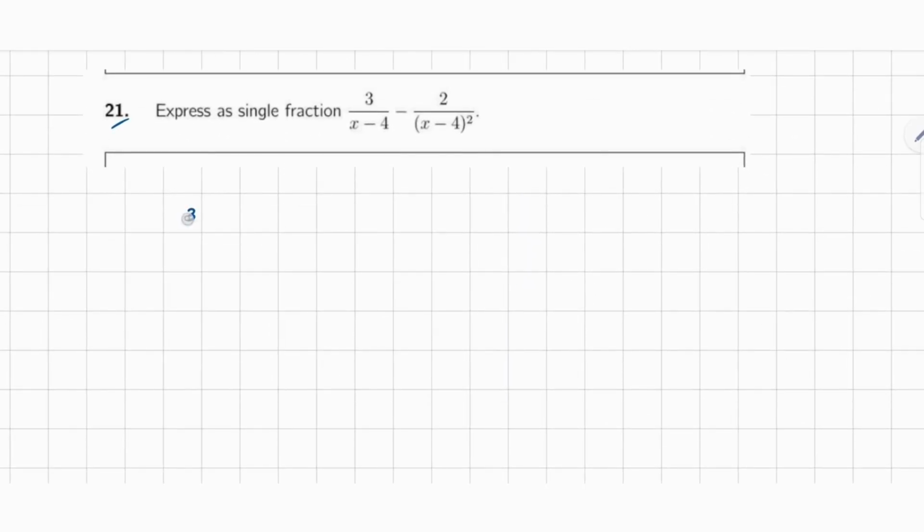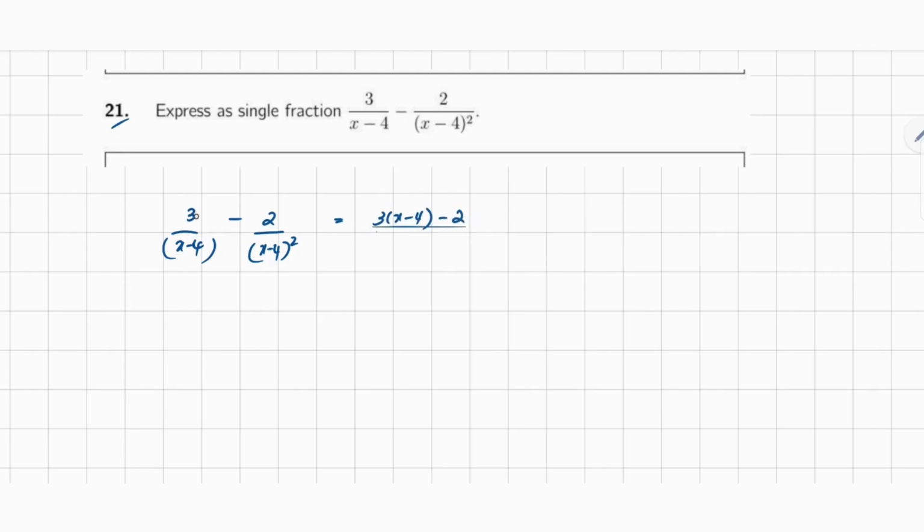We have 3 over x minus 4 minus 2 over x minus 4 squared. We have a common factor here. X minus 4 is a common factor. We can multiply x minus 4 to the numerator and denominator to get a common denominator.